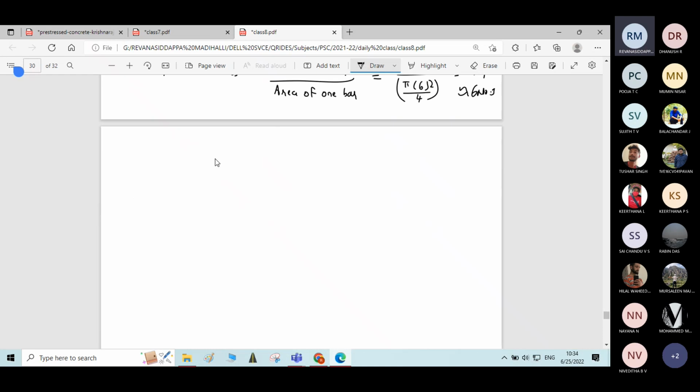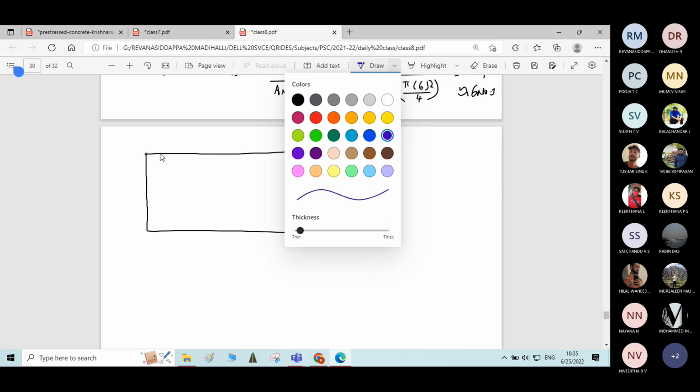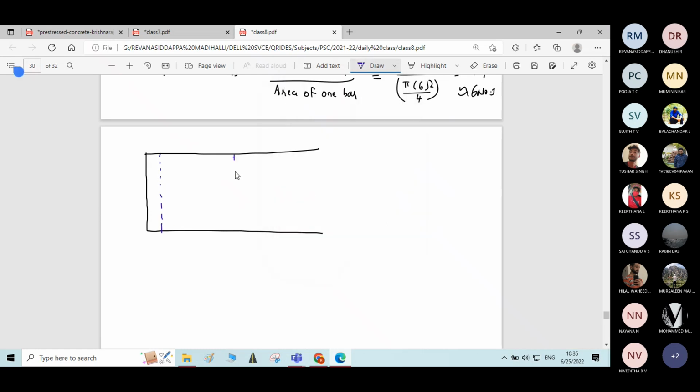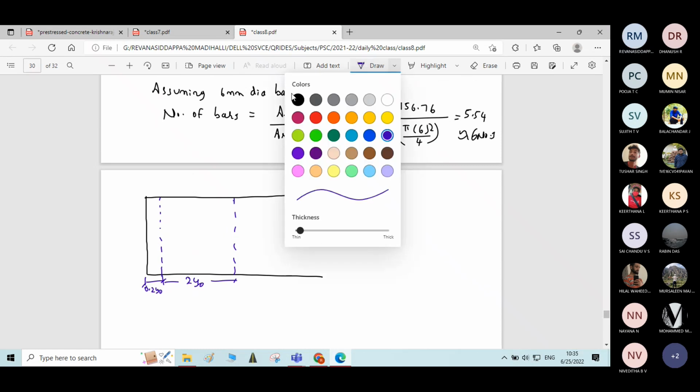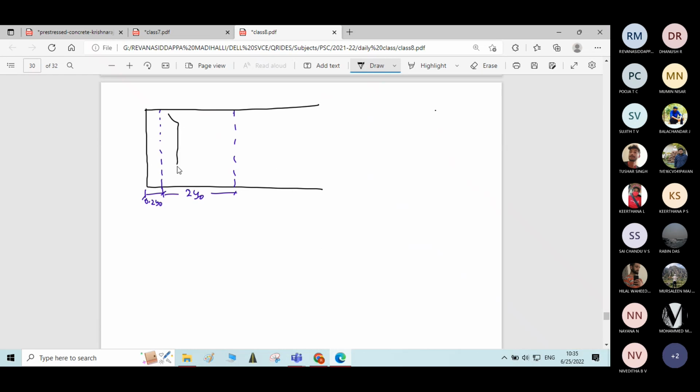You can write the reinforcement details as well, and the cross section also.